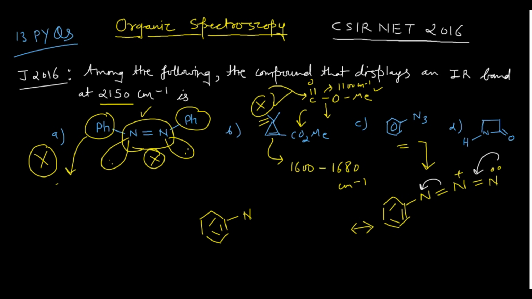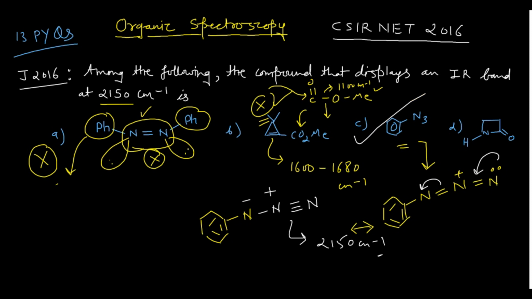So your structure would be like that. This nitrogen would be negatively charged, and then this is nitrogen again, and that nitrogen triple bond nitrogen, of course this is positive. So this nitrogen triple bond nitrogen actually absorbs somewhere around 2150 centimeter inverse. So this option C looks like the correct option.